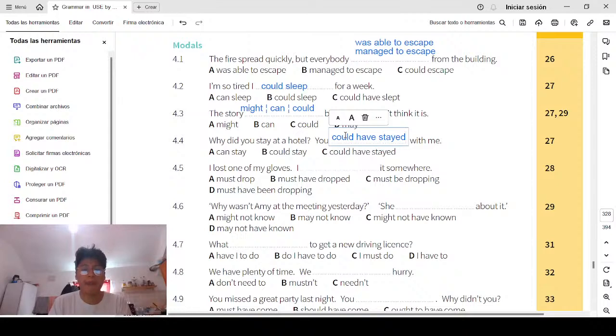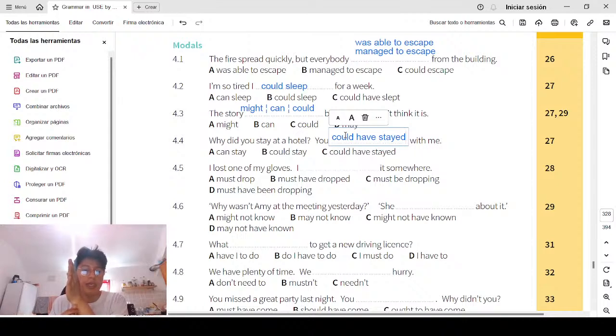Why could have? Because we're talking about a hypothetical situation, but that's in the past. That's you staying at a hotel, right? When you use could have, we're talking about a hypothetical situation, because remember, can doesn't exist in that case, so we have to use could.